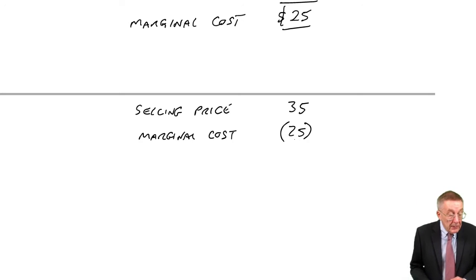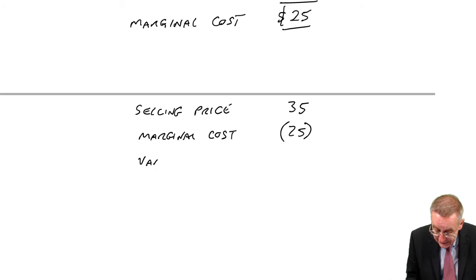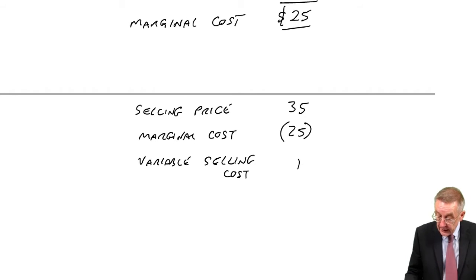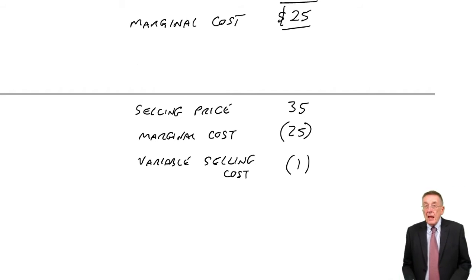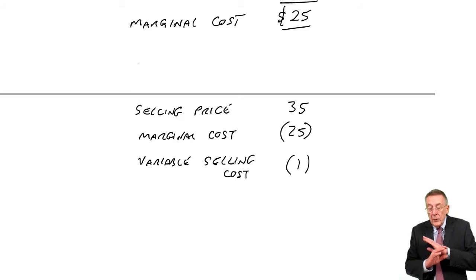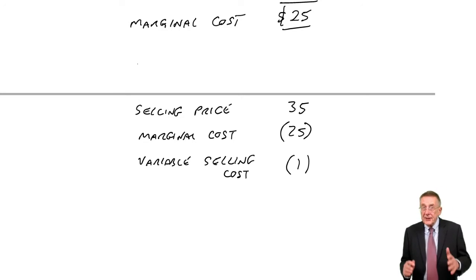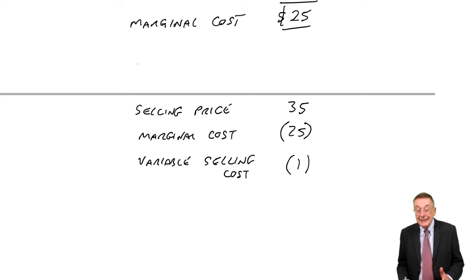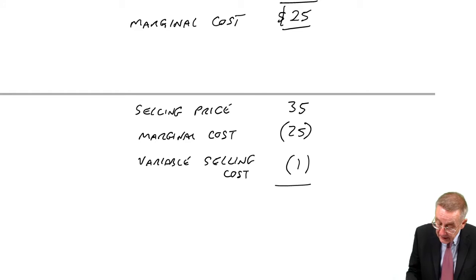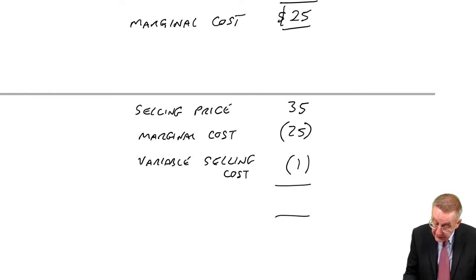Are there any other variable costs? Yes, there's a variable selling cost of $1 a unit. So if we ignore for the moment any fixed costs completely, we're making a final profit of, 35 less 26, $9 per unit.